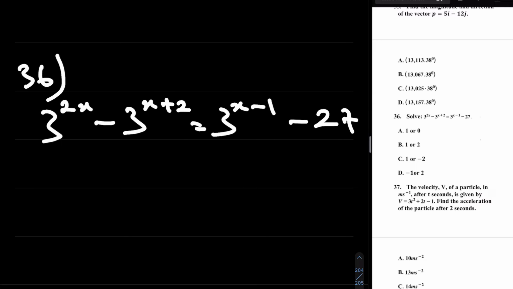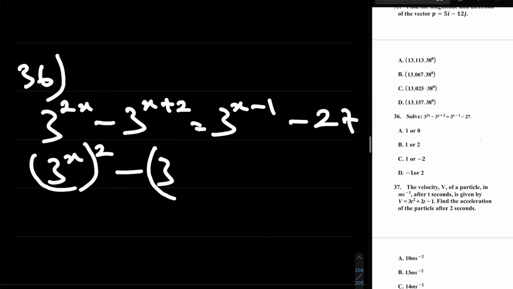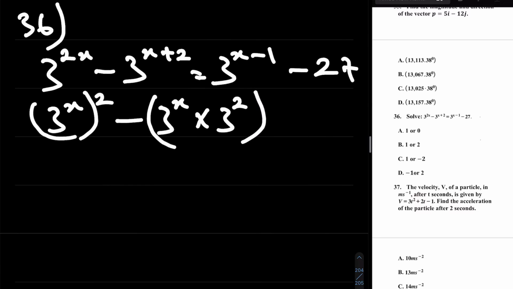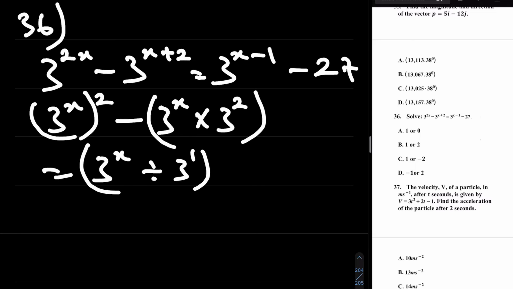3 raised to the power 2x simply means 3 raised to the power x, all squared. Minus 3 raised to the power x plus 2 is the same as 3 raised to the power x times 3 squared, and that's equal to 3 raised to the power x minus 1, which is 3 raised to the power x divided by 3 raised to the power 1, which is 3, minus 27.